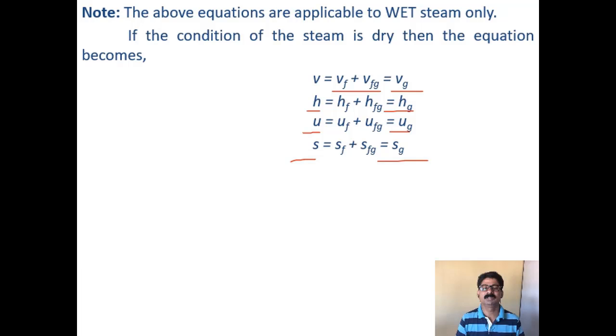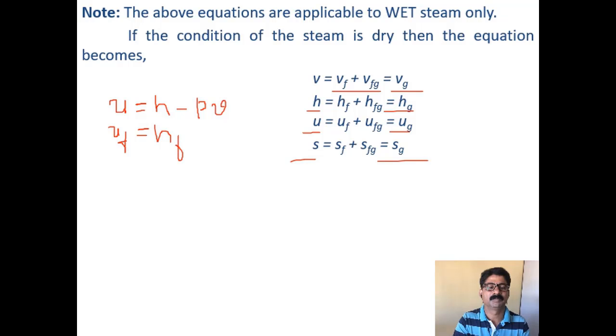Now if you observe the steam table, V, H and S terms are there, but the U term, that is, the specific internal energy term, is not there. In that case, you can find it using the formula U is equal to H minus PV. I would have told this before. Suppose you want Uf, so Uf is equal to Hf minus P into Vf.